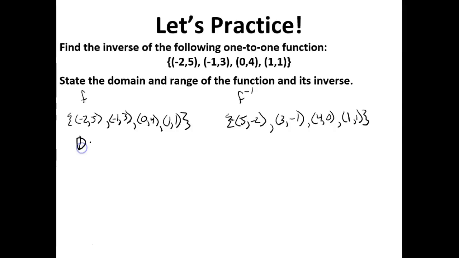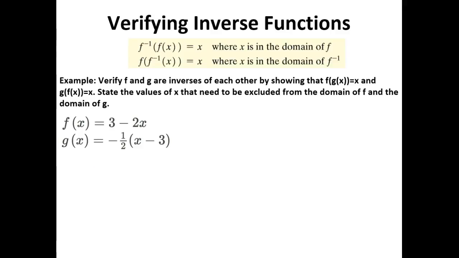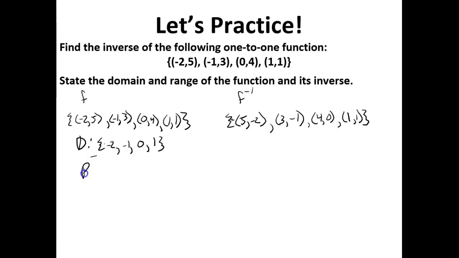The domain of the original, what's going in? We have -2, -1, 0, and 1. There we have the domain. The range, what's coming out? 5, 3, 4, and 1 is what's coming out.